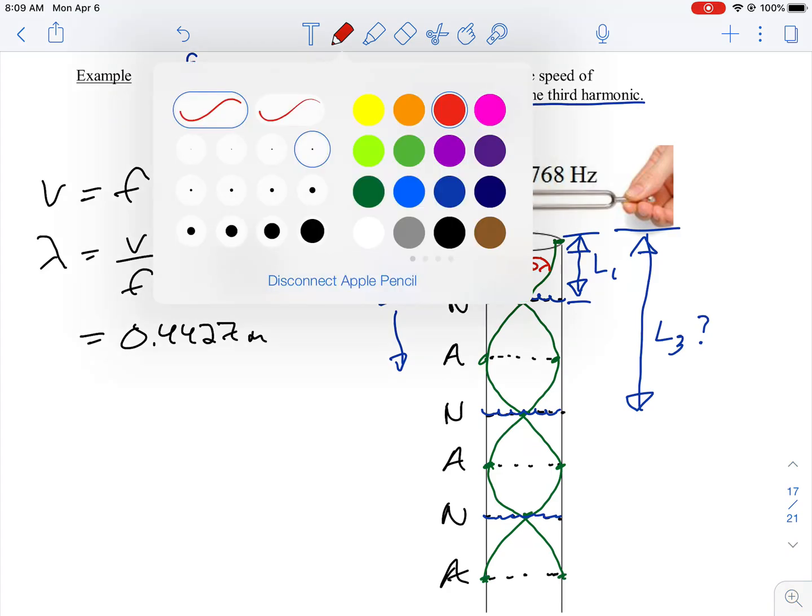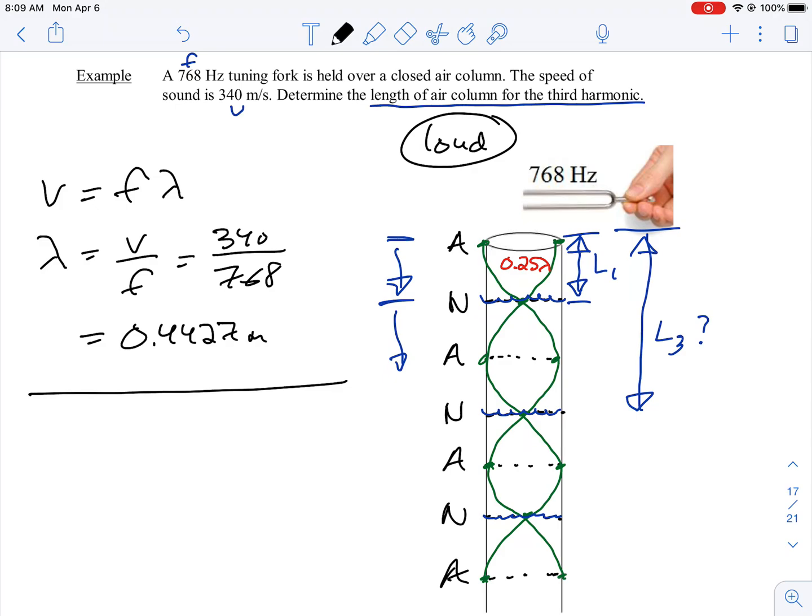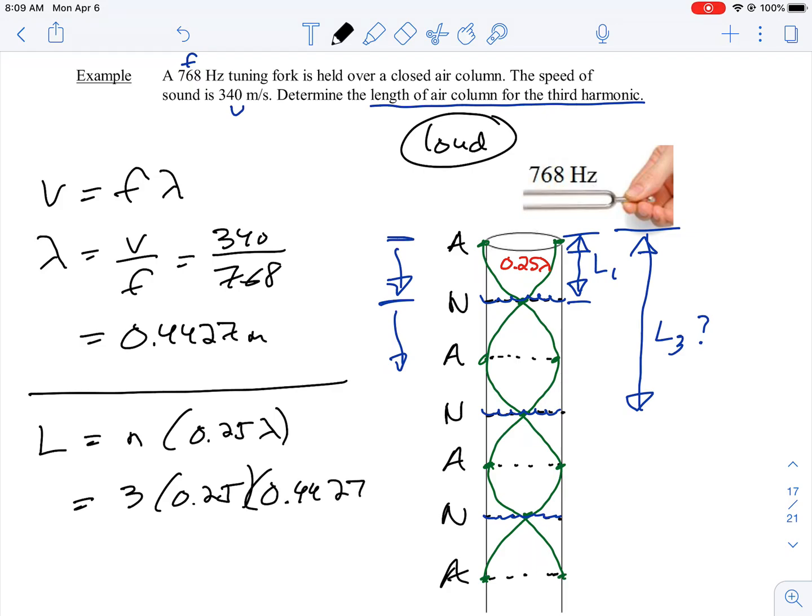So I'll do that one next. Put a line underneath this. Now we do L = n(0.25λ), which comes out to be, it's the third harmonic here, 3 times 0.25 times 0.4427.